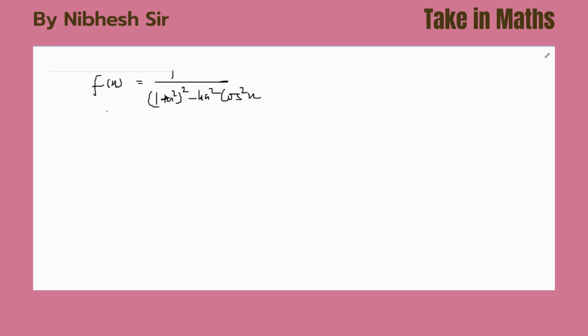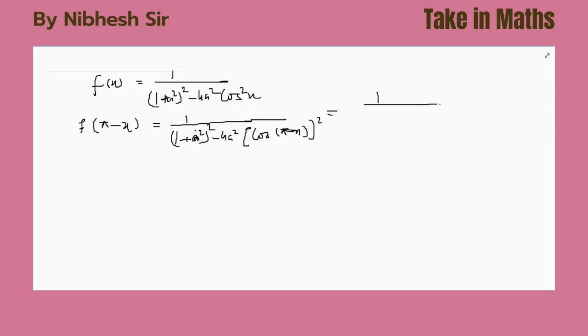So what we are going to prove is this with pi minus x. So pi minus x, so this is 1 by 1 plus a square the whole square minus 4a square cos square of (pi minus x). So the same result we get here.